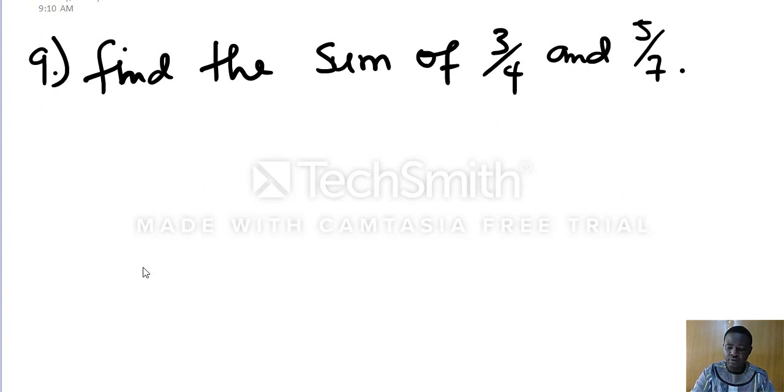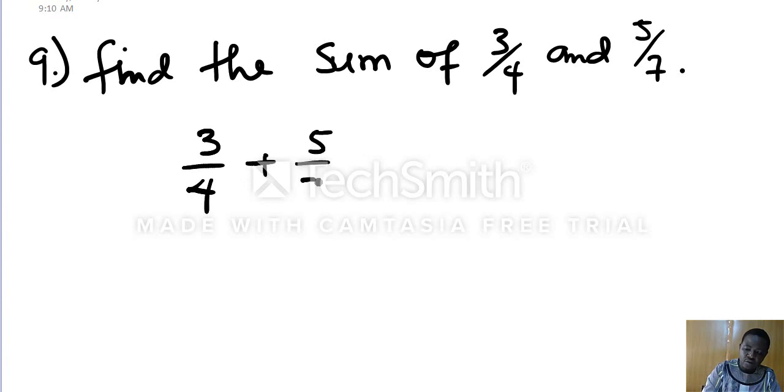Next example says you find the sum of 3/4 and 5 over 7. So that is 3 over 4 plus 5 over 7.